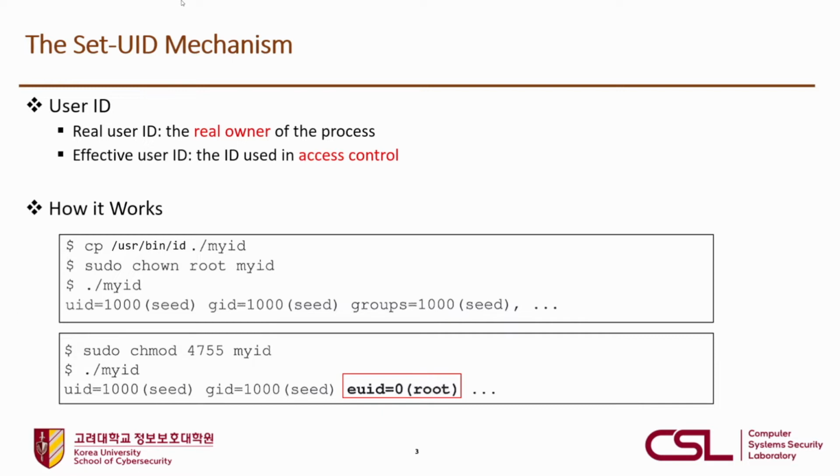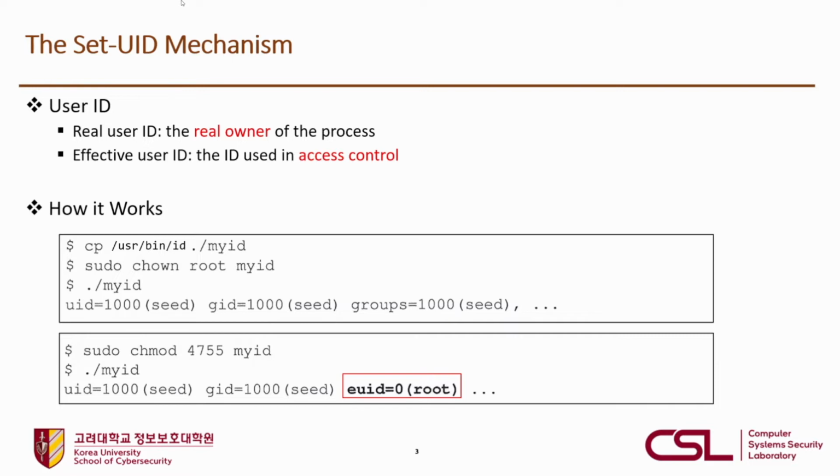Let's check how it works. Copy the program that prints the user ID of the running process to myid using the cp command. After that, use the chown command to change the owner to root. When you run it, you can see the EUID is not output, only the UID is displayed.